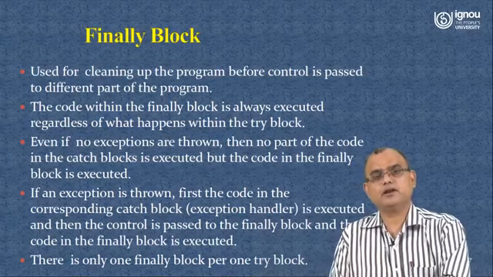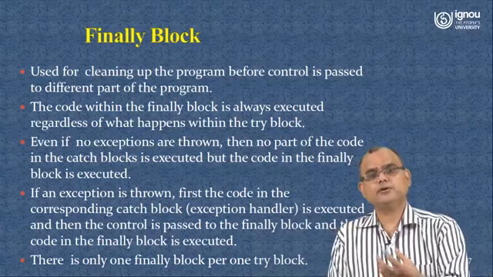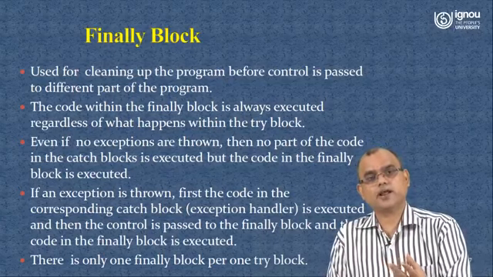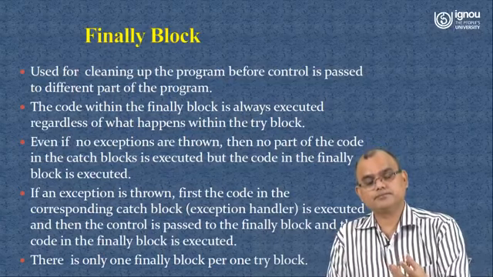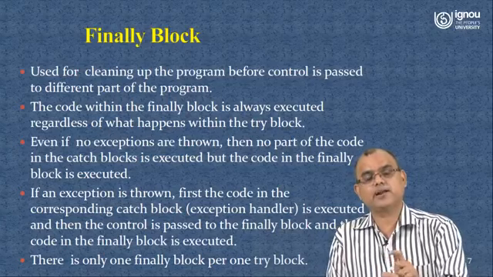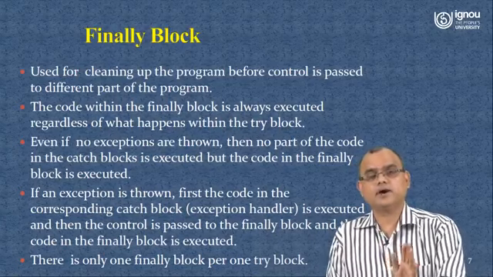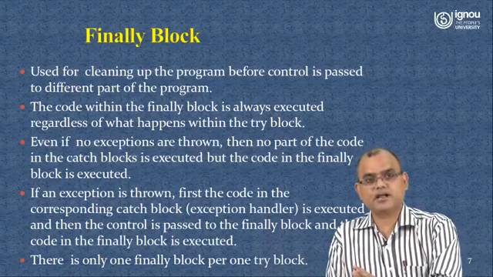Then one important block comes, that is finally. So in a program code, if there is a possibility of multiple types of exceptions in a particular sequence of code or in a try block, then obviously you will have multiple catch blocks for handling the different exception objects.